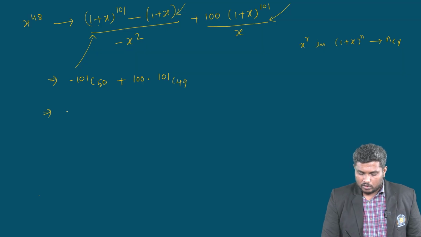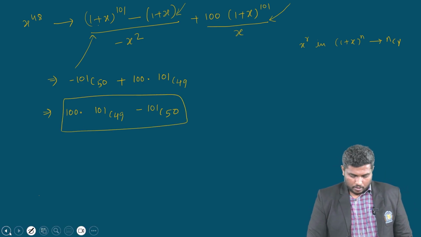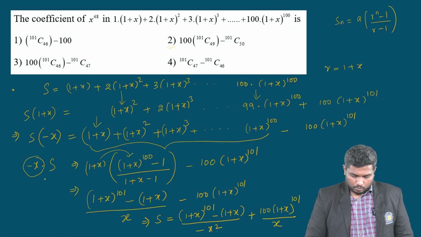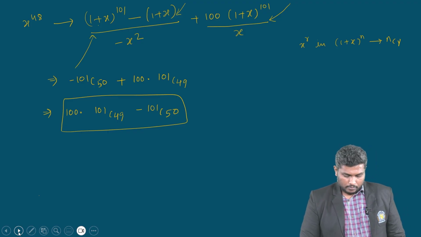So your answer should be 100 into 101C49 minus 101C50. So this will be the summation answer. You have to mark option 2, and we will move on to the next one.